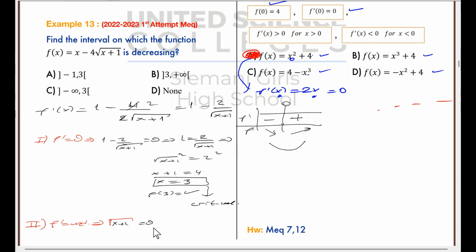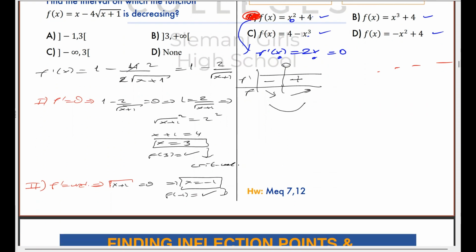If this is equal to 0, then x should be negative 1. Is negative 1 true? When I put negative 1 back in the original function, it causes no problem. It's defined. So negative 1 is also a critical value. So I got the critical values.